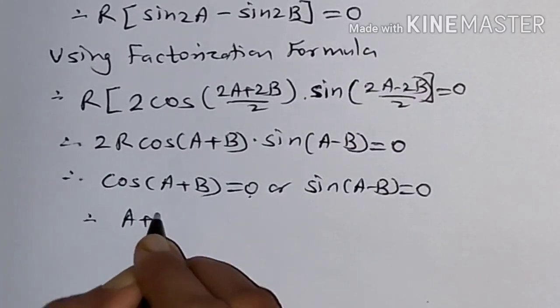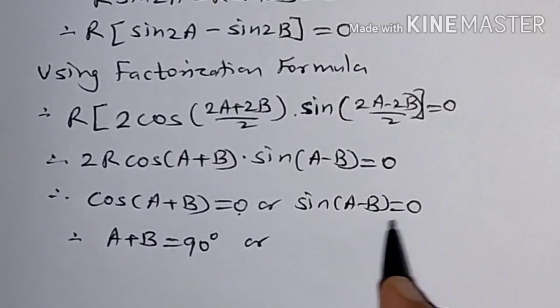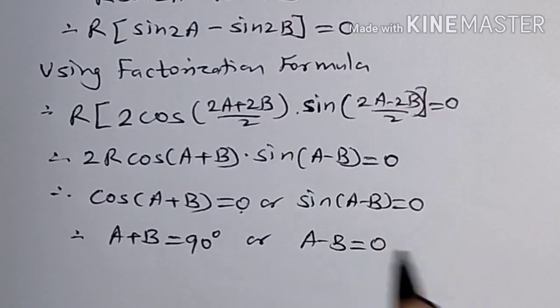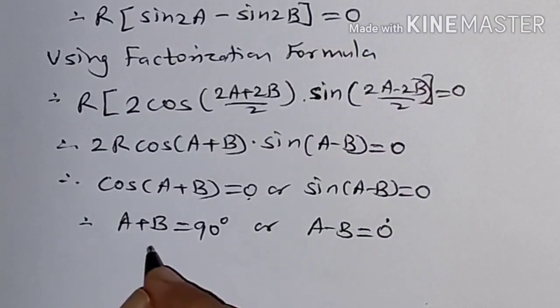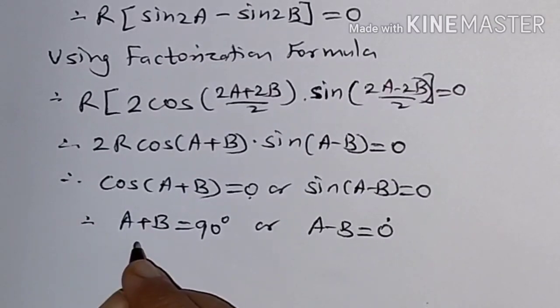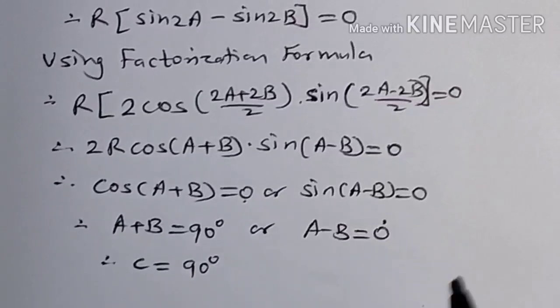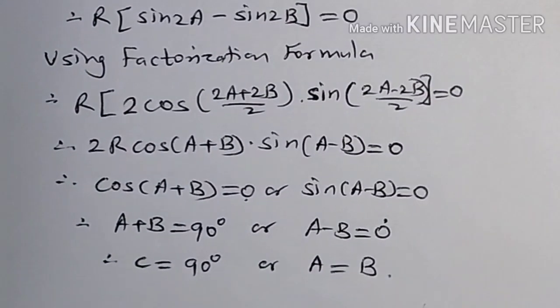Therefore, A plus B is equal to 90 degrees, or sine of 0 degrees is 0, so A minus B is equal to 0. Now when A plus B is equal to 90 degrees, this implies that C is equal to 90 degrees, or angle A is equal to angle B.